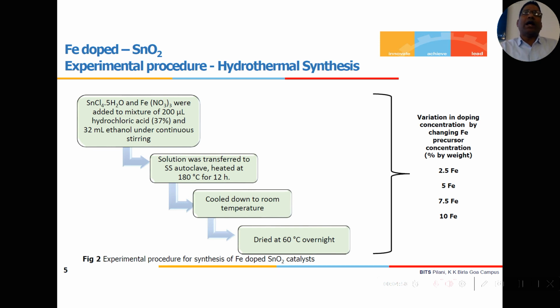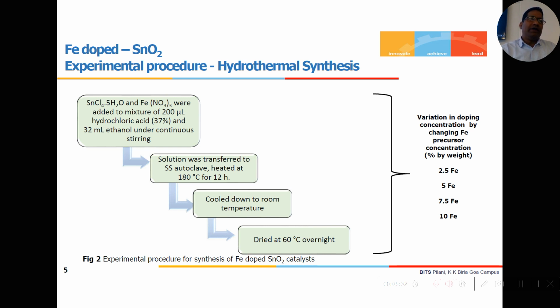What we have done is use a different method for preparation of the Fe-doped SnO2, and our main objective is to reduce the band gap so that it will be visible active. We used stannous chloride pentahydrate (SnCl2·5H2O) and ferrous nitrate as the precursors for the preparation of the catalyst, which we added to 200 micromole of hydrochloric acid and 32 ml of methanol under continuous stirring.